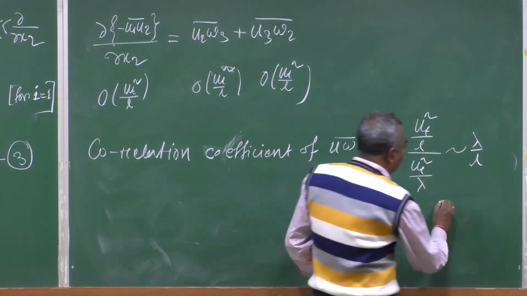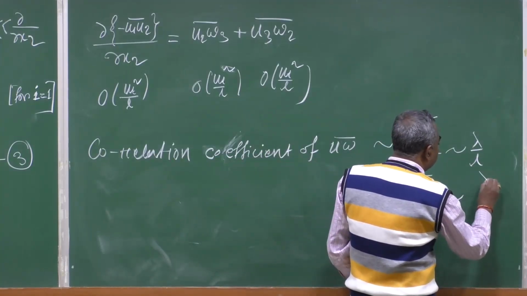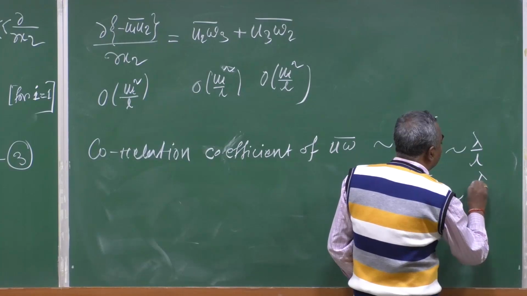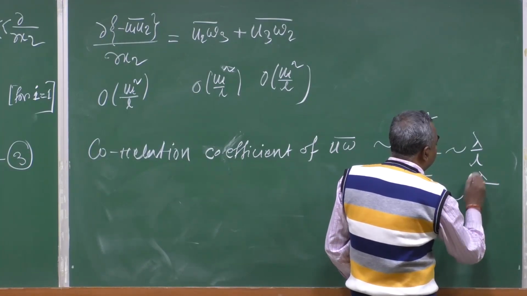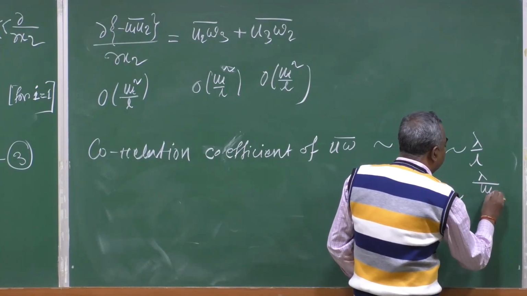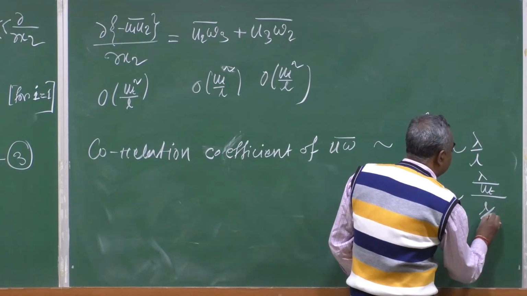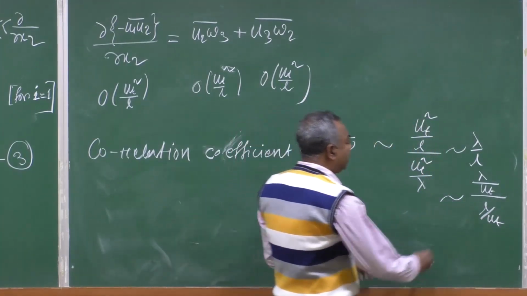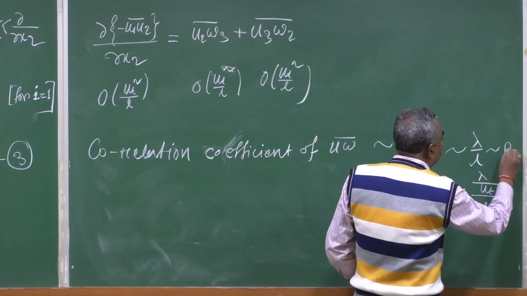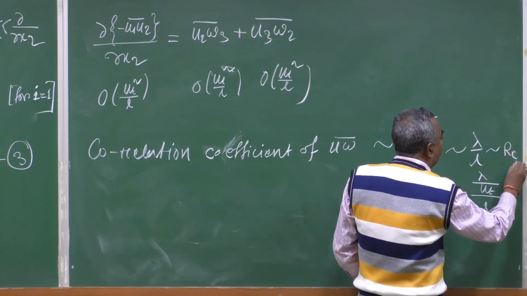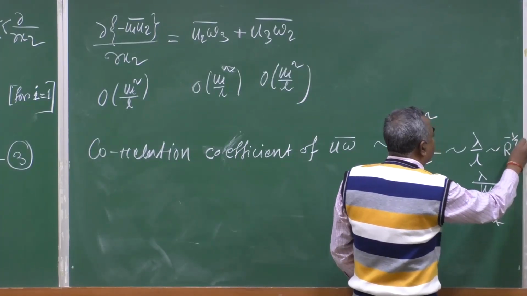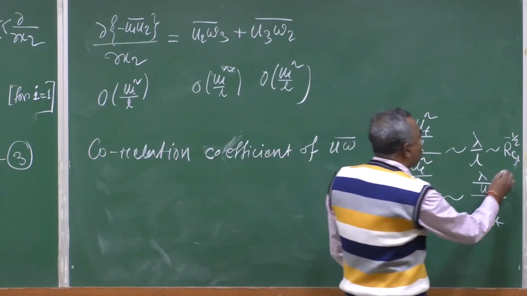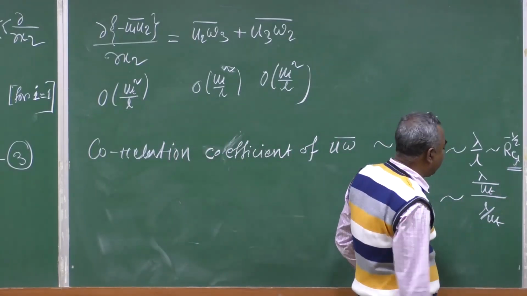Or you can write this as a time scale ratio. And this scales with what? The other day, this scales with Re_L to the power minus half, right. So, this scales with Re_L to the power minus half.